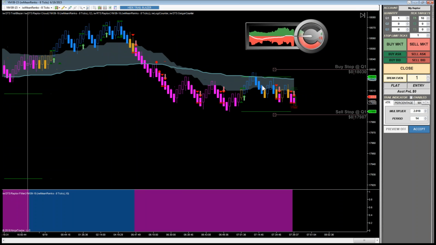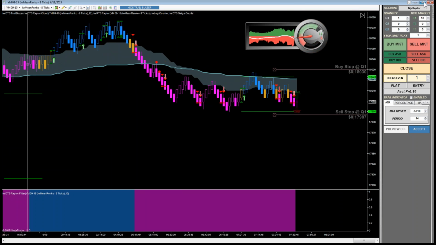All right, so technically we've got a double pullback signal here, a very tiny one, but it is a double pullback nonetheless. So pullback, pullback. We are generating a sell signal now. I could just throw in a sell market, but you know what? I'll let it take out the lows. Okay, let's go check in on the other trades.